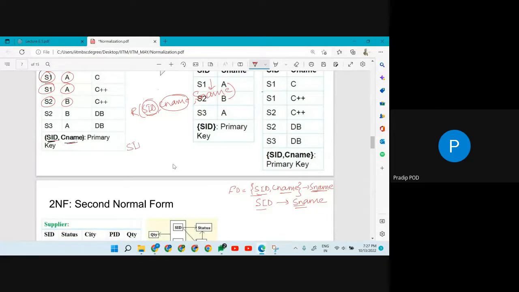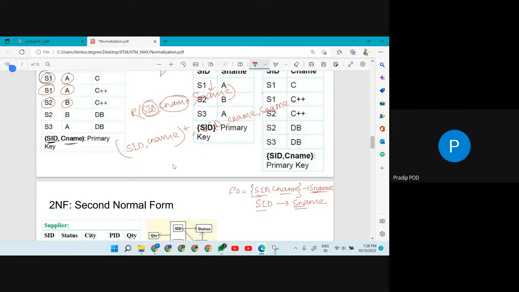So we try to find the closure set of that, which is SID, CNAME, and SNAME, equal to R. So the candidate key is SID and CNAME.